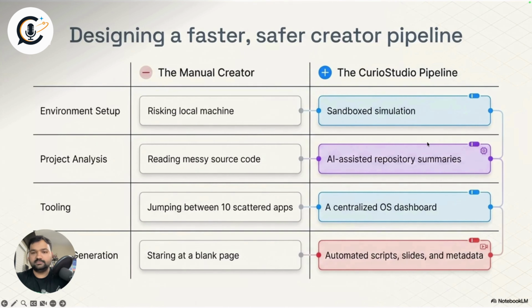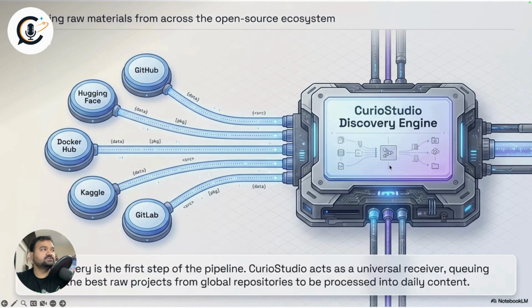As you can see here, I have designed a faster, safer creator pipeline. This slide compares the manual creator workflow with the CurioStudio pipeline. In the manual process, you risk your local machine, read messy source code, manually jump between many apps, and start every script from a blank page.